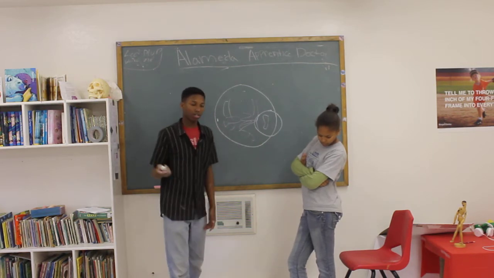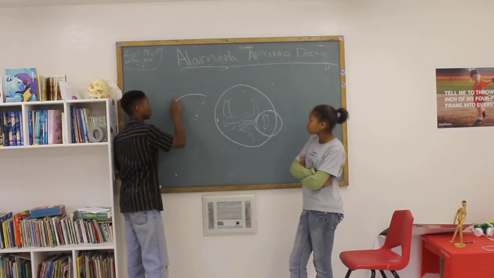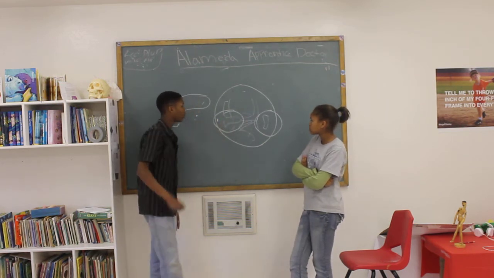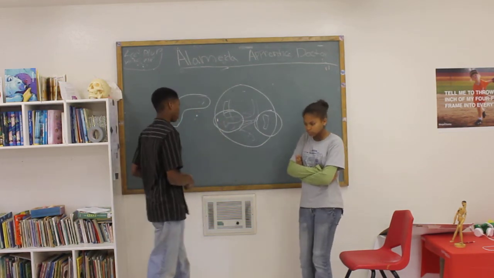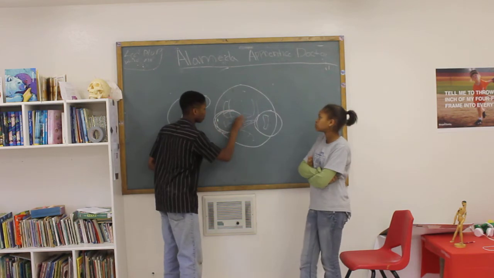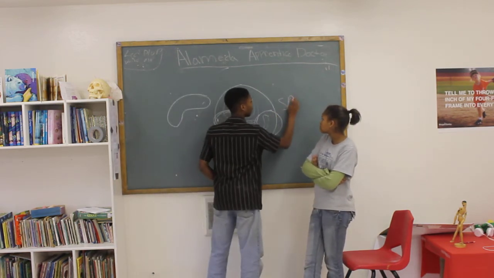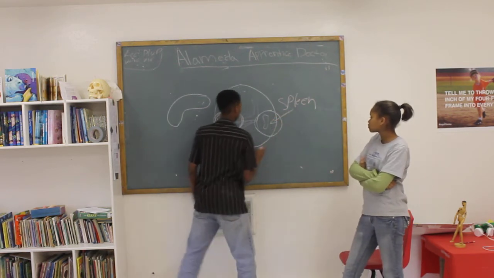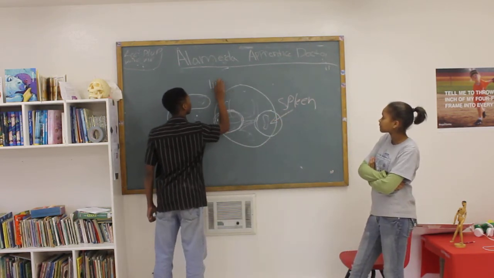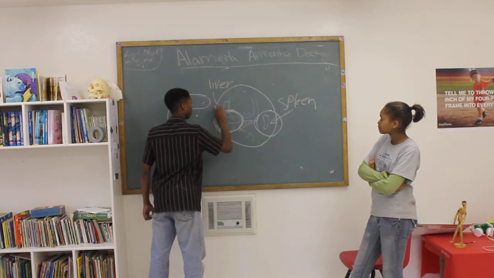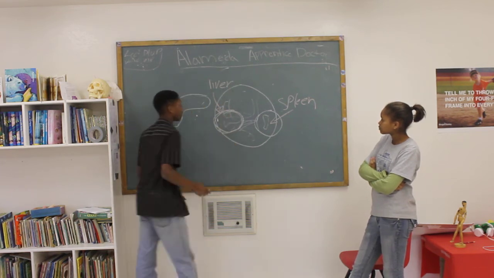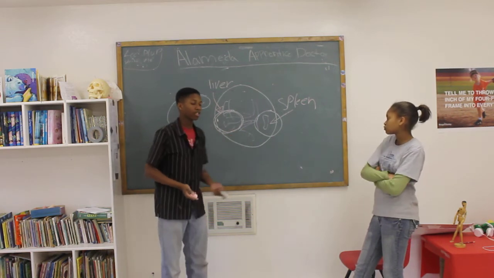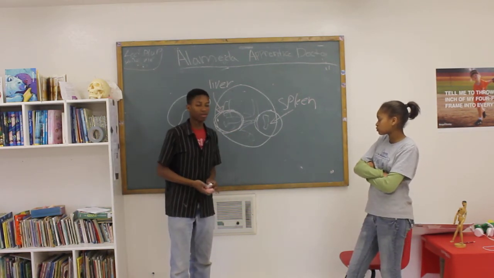Let's not confuse the spleen with the liver, which is also shaped like this, and is located right here. The reason I say this is because a lot of people confuse the spleen and the liver, since they do fairly roughly the same types of things.